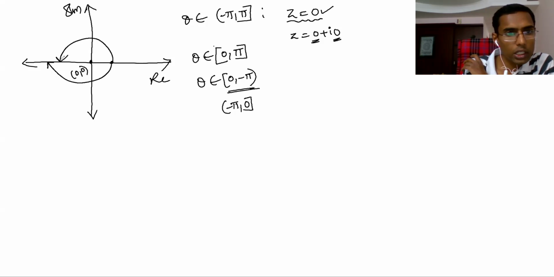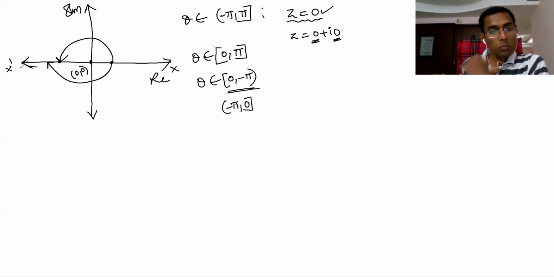Here, the positive x-axis is the positive real part, and this is the negative real part, the negative x-axis.